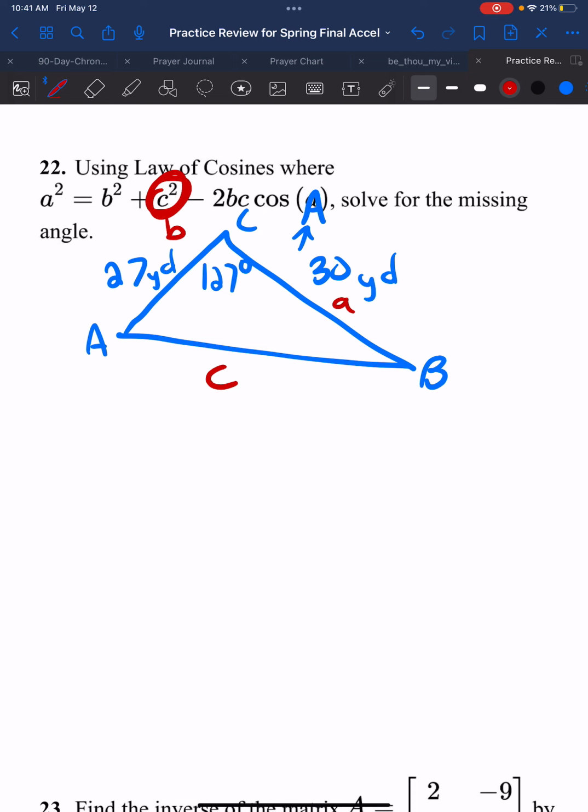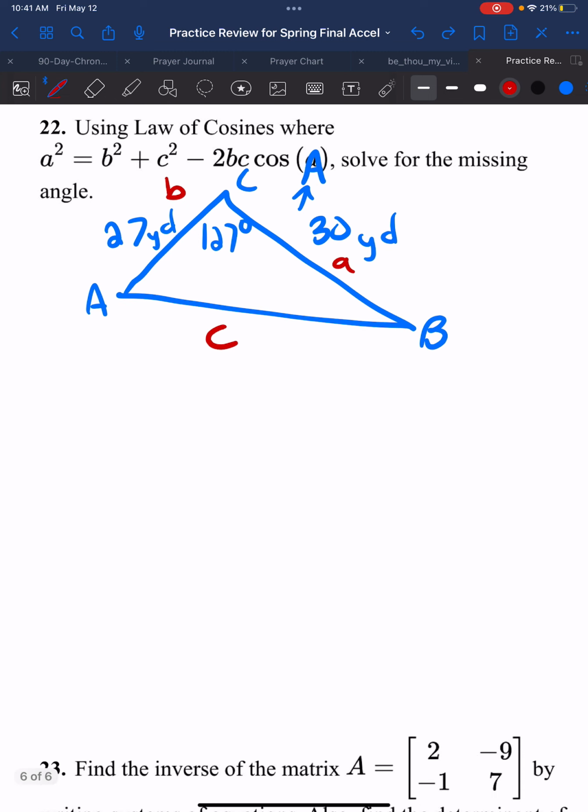So I'm actually going to have to use the law of cosines twice. First thing I've got to do is find C. That's my first goal.